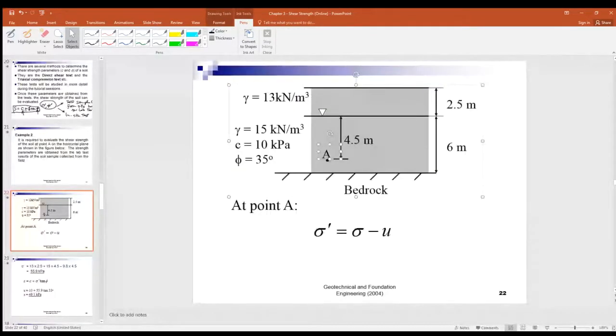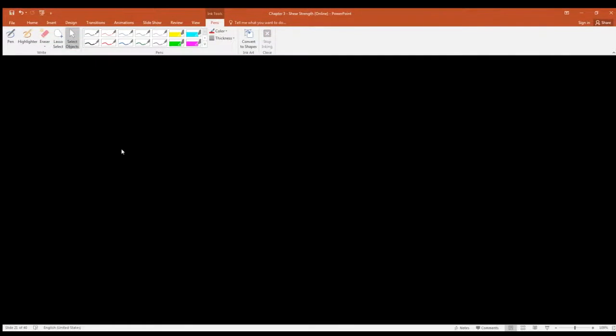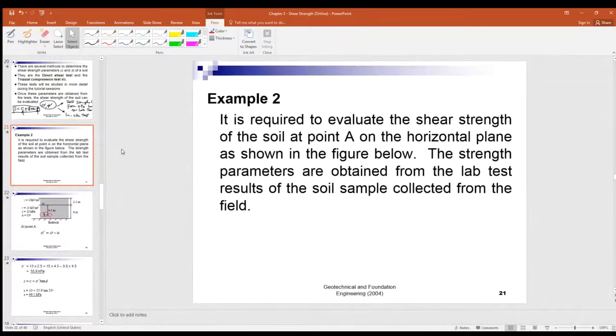The question asks you to calculate the stress at that point A, and also check the shear strength at point A there.